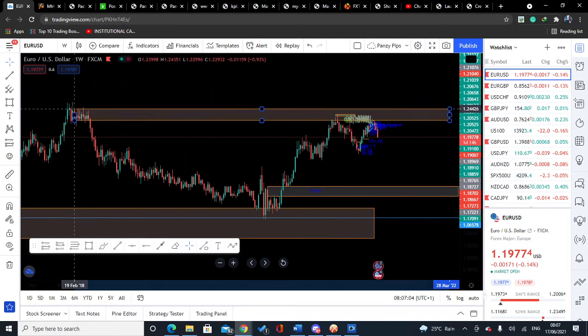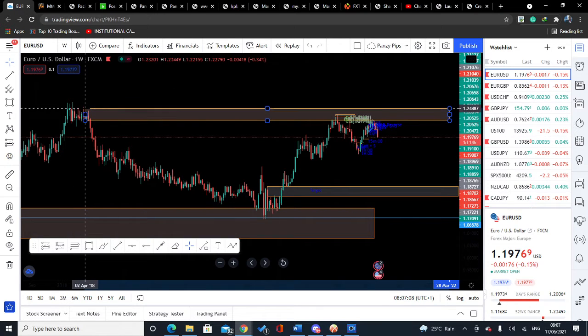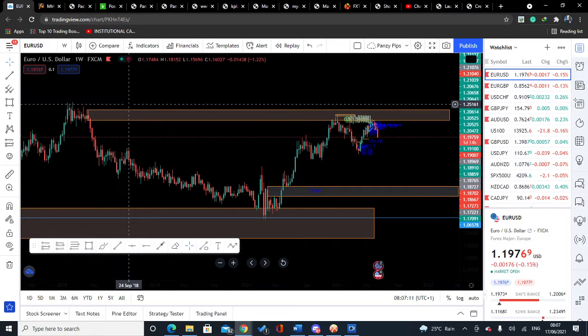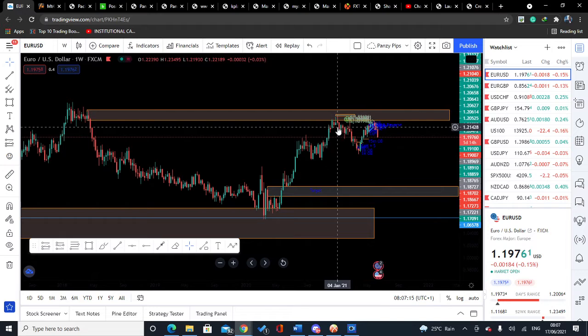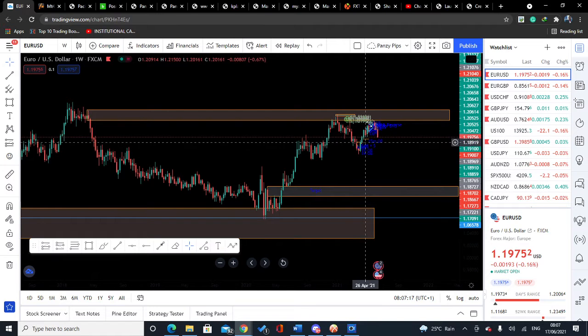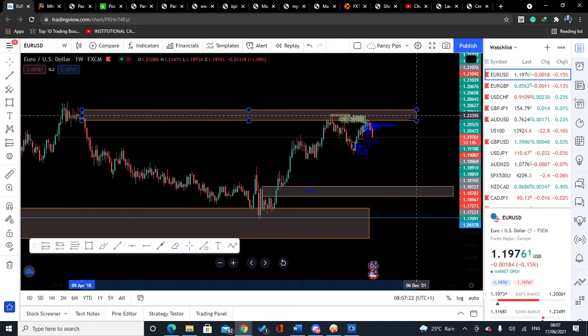Or we could even bring it here, the last high. You can see the market came and found good reversal within that area, and that has caused this push to the downside. Market has come back for a retest, and it will follow up with a downward move.